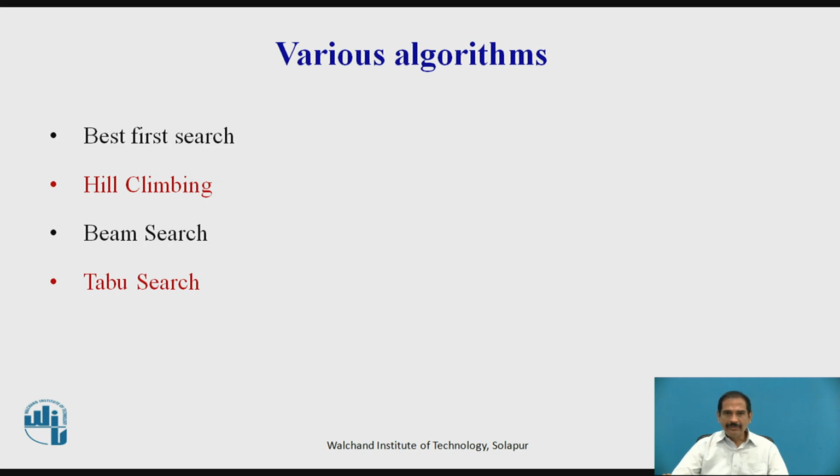We have a number of algorithms like best first search, hill climbing, beam search and tabu search, which are based on heuristic techniques in order to find out the best nodes that lead us from the start to the goal.